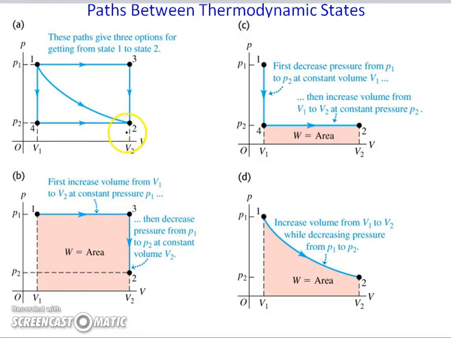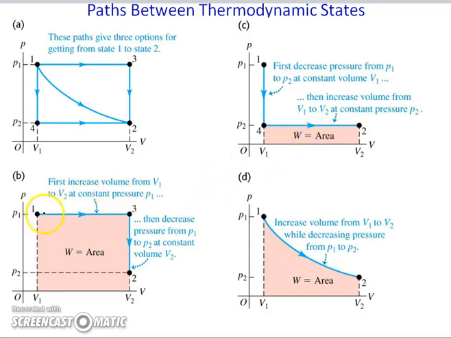So we know from earlier slides that work done is the area under the PV diagram, right? So let's take case 1. We started from state 1 at a constant volume, we reached 4 and then we reached 2. Then work done is equal to the area under the PV diagram, and this in the pink is the work done, right?